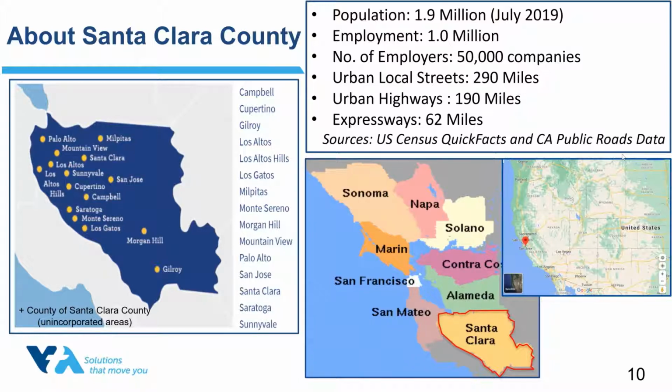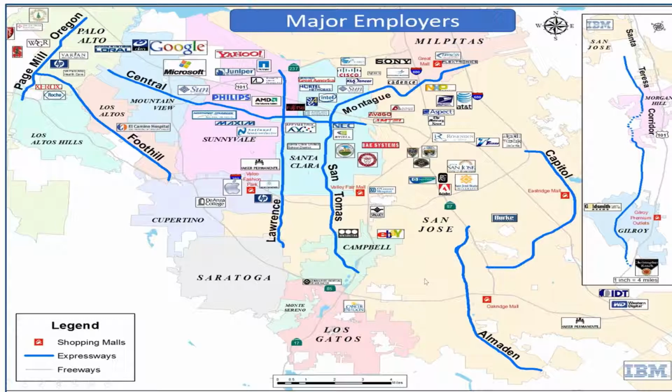So the major trip generators are high-tech employers. They still want to have a presence despite the ability with telecommuting. They still like to have a presence here in Silicon Valley. We have an international airport. We have large retail shopping centers, amusement parks, sports stadiums, etc. Next slide.